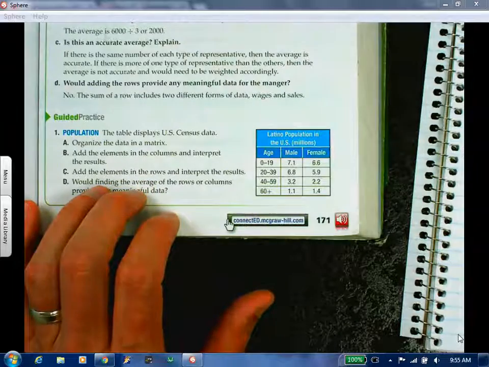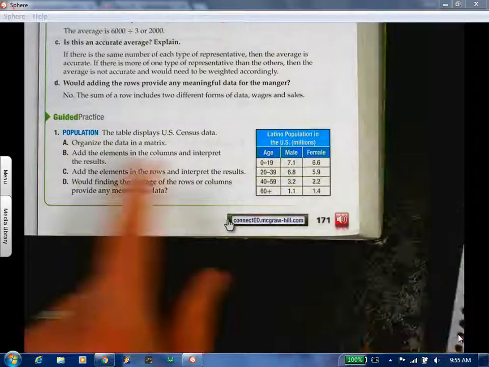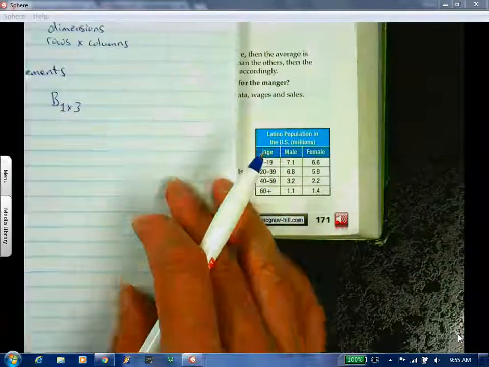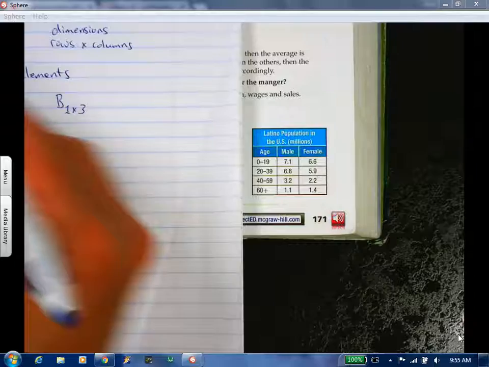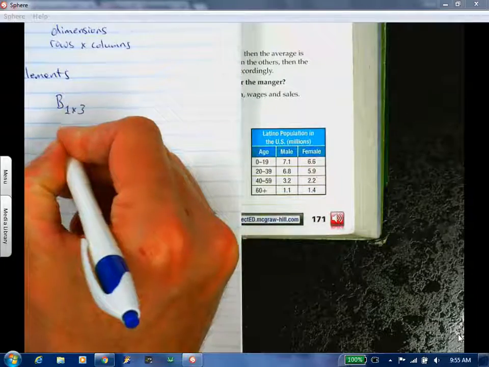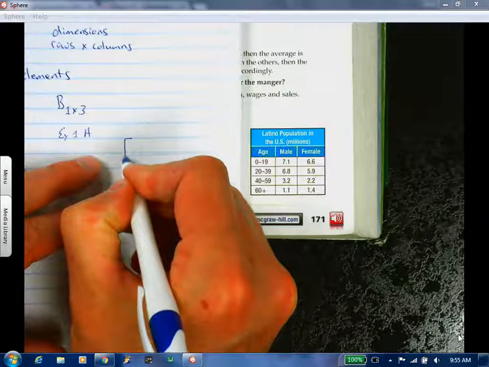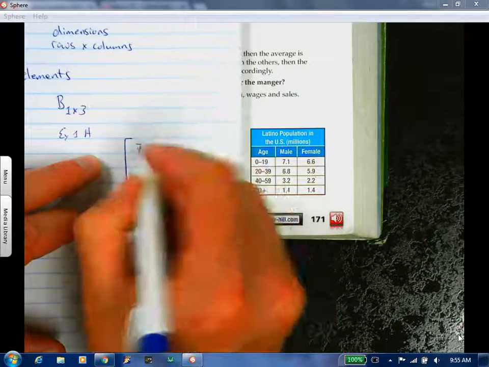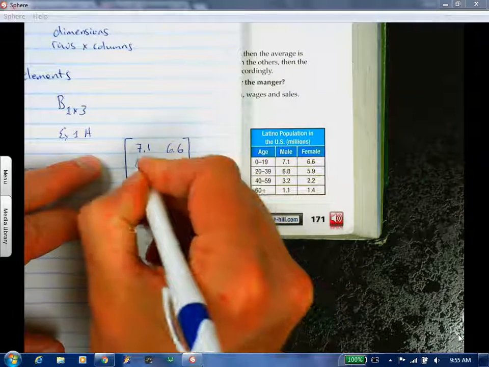Okay, so let's do that. Let's draw out organizing the data into a matrix. This is example 1. I usually start with the matrix, and I'll put the labels on the outside.